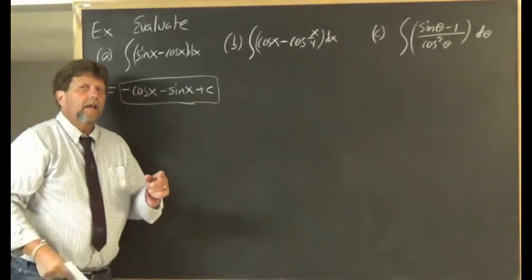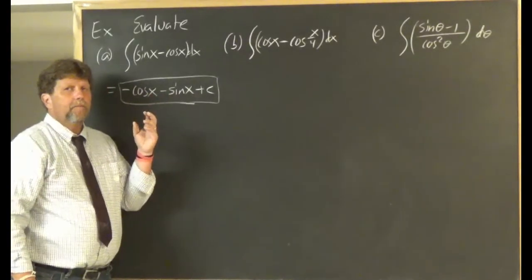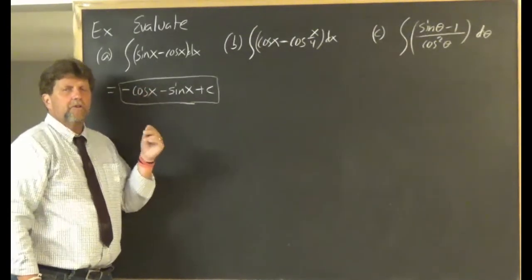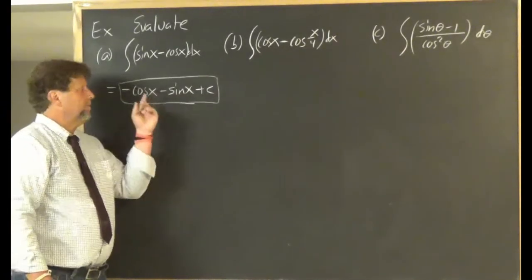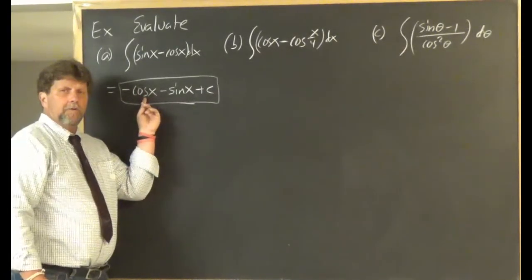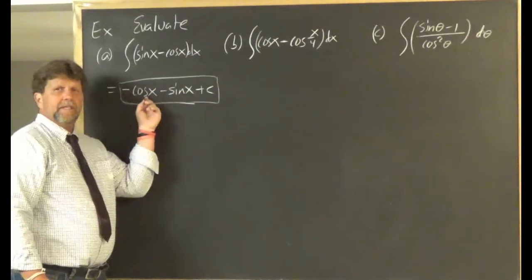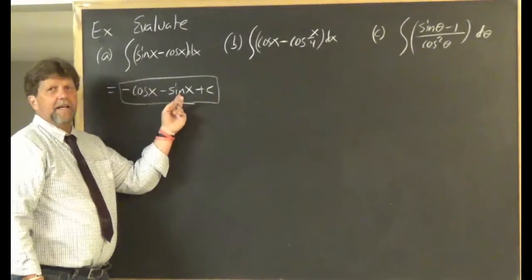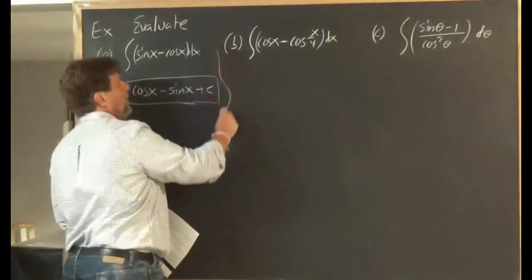Until I get real comfortable integrating sines and cosines, I would probably check this to make sure that I am correct. And remember, you check it by computing the derivative. We know the derivative of cosine is negative sine, so the opposite of negative is positive sine. And the derivative of sine is cosine. So it checks.